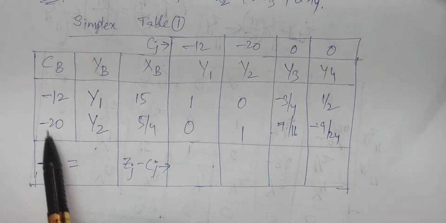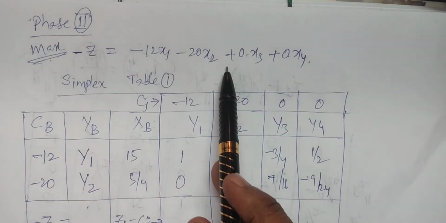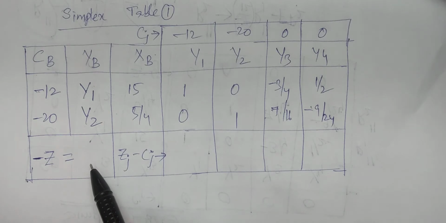The costs are to be changed, because you see the objective function over here. And now you have to apply the simplex procedure as usual until either there is an indication of an unbounded solution or an optimum solution is attained.